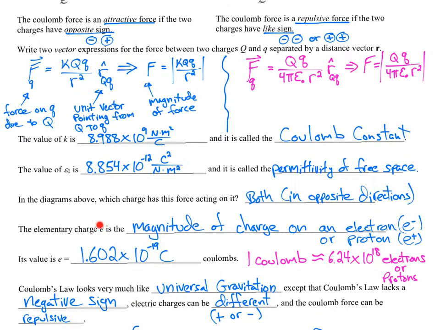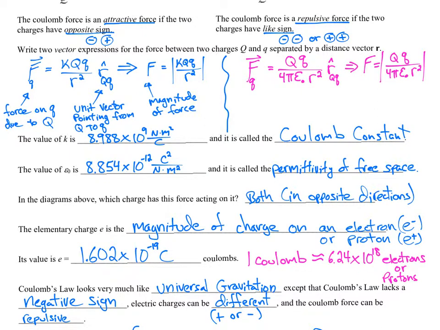Don't think that e stands for electron. e minus is for electron. The value of e is 1.602 times 10 to the negative 19th coulombs. A coulomb is kind of like a kilogram. It's a unit of charge. And 1 coulomb is approximately 6.24 times 10 to the 18th electrons.